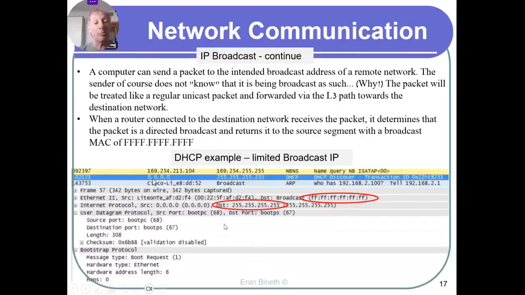Therefore, we're sending a broadcast message on level 3 saying, please help me out. It's not that we want to send it to all the machines in the world, just saying we don't know anything about IPs. Whoever sees that message, help me out. It's a message on level 3 and above, and therefore must specify an IP.